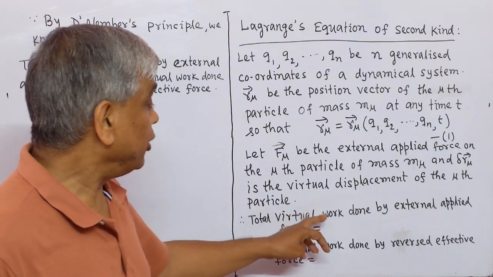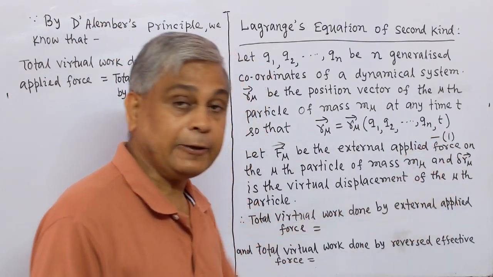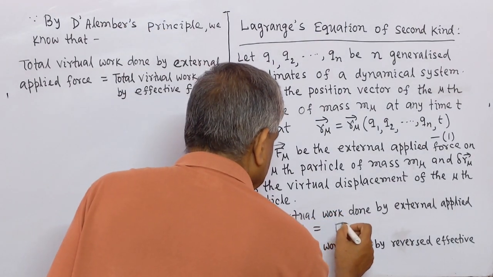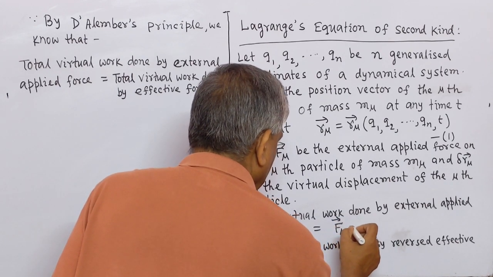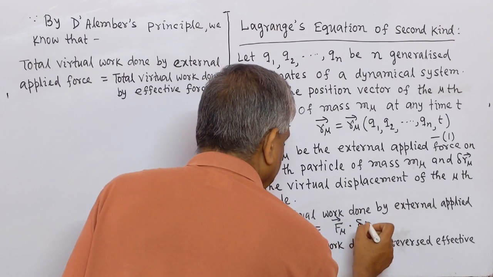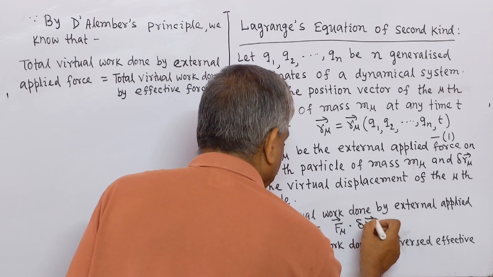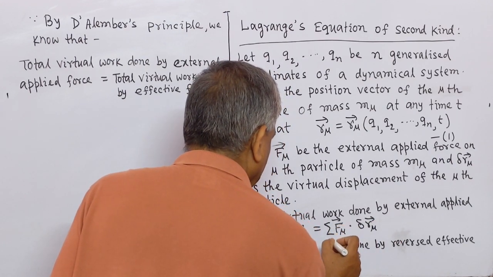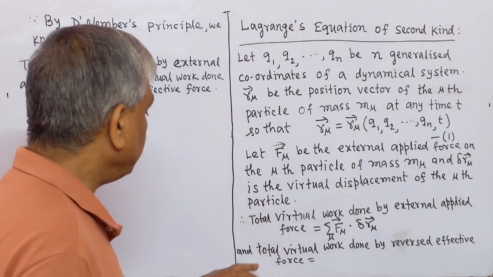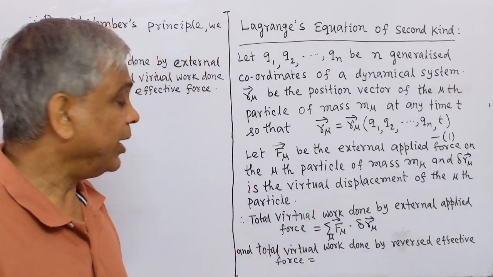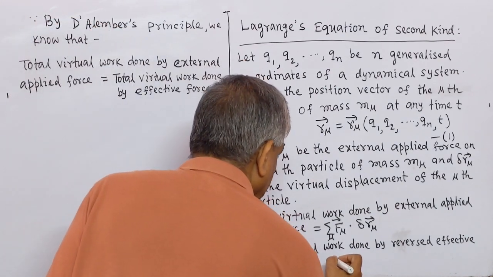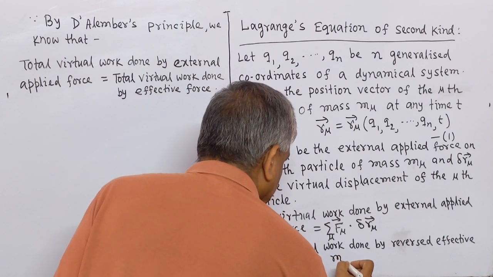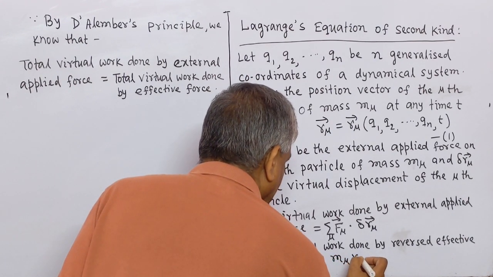Therefore, the total virtual work done by the external applied force is sigma over mu of F mu dot the virtual displacement delta R mu vector, and the total virtual work done by the reversed effective force. Effective force is mass into acceleration, m mu R mu double dot.